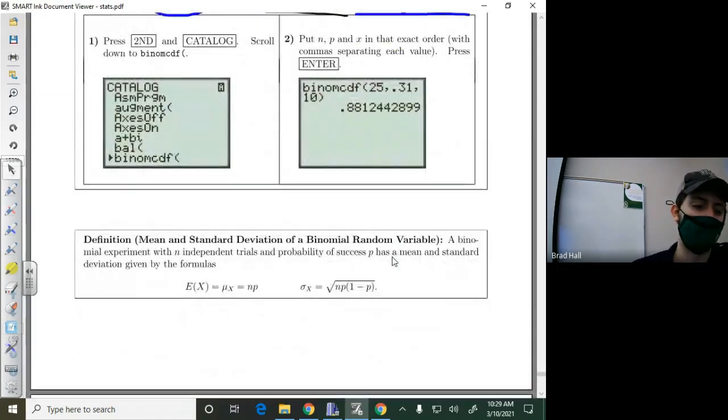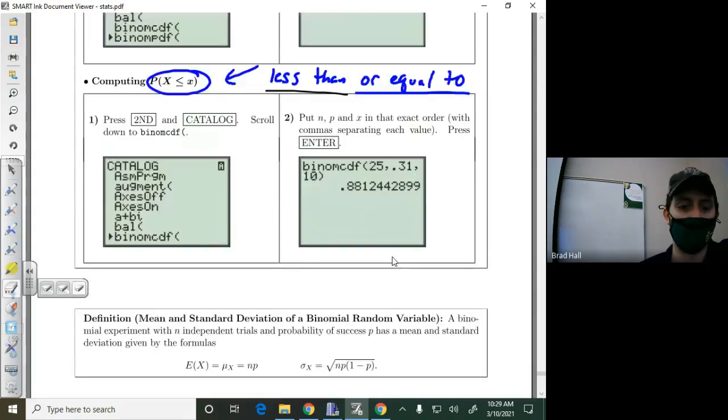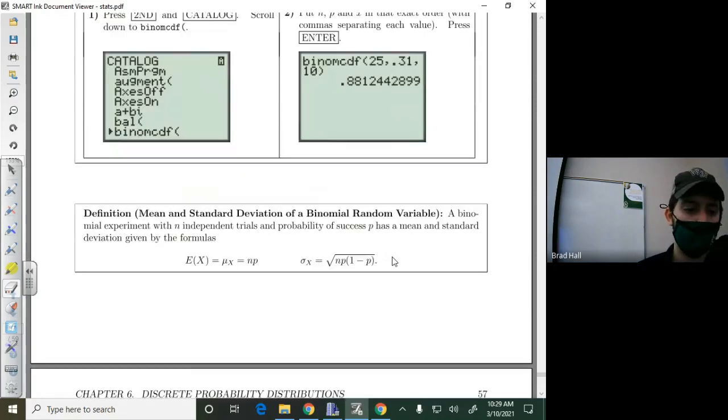we can also determine the mean and the standard deviation of a binomial random variable. So the mean and standard deviation, these are some pretty straightforward formulas. Sometimes they use either one of these two formulas to represent the mean.